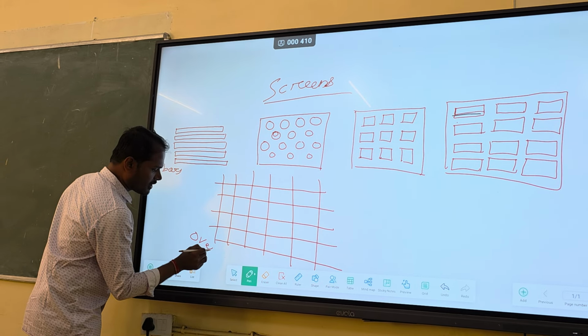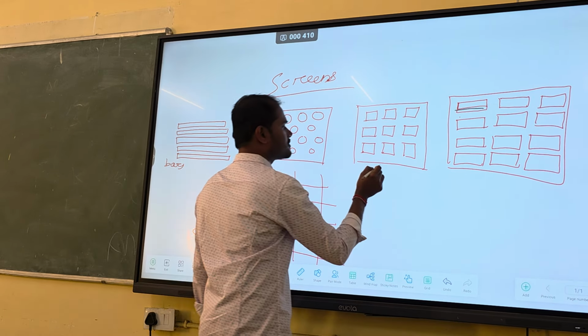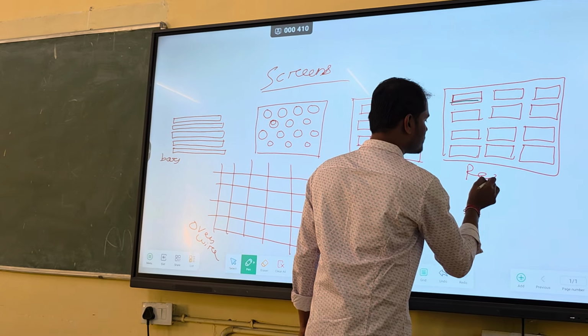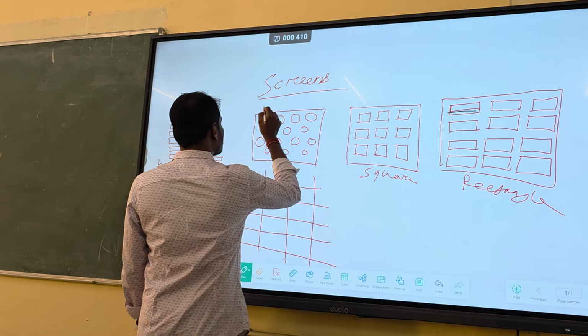These are called woven wire. These are square screens. These are rectangular screens, and this is round.